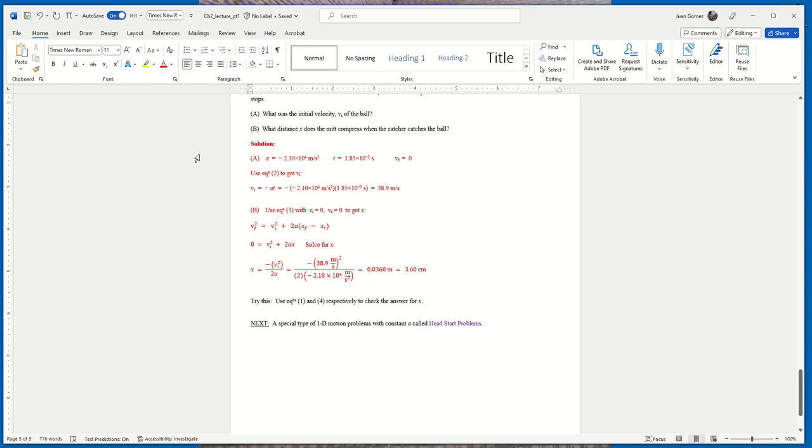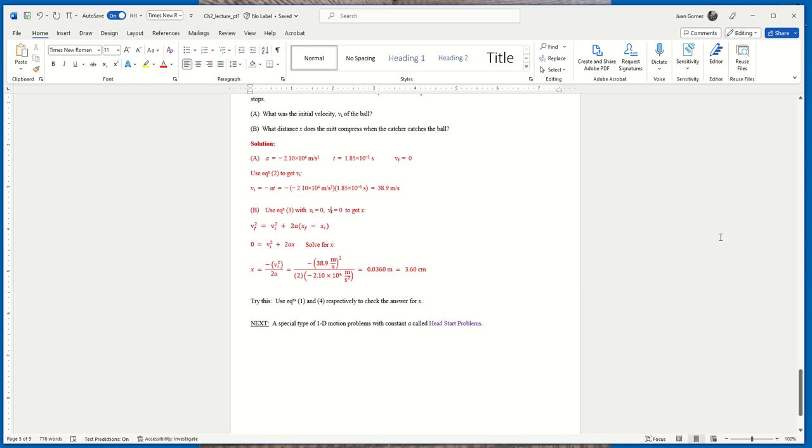Now, what distance x does the mitt compress when the catcher catches the ball? Well, let's use equation 3. And remember, again, usually we can set xi equal to 0. We know VF is equal to 0, again, because when the ball hits the mitt, it decelerates and eventually comes to a stop.